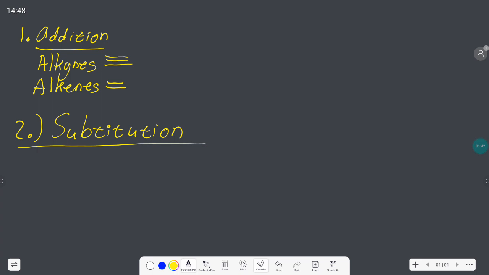Now, these can happen with nearly all other organic molecules. So, addition reactions only happen between these two, but substitution can happen at nearly all others. An example being, I can take an alkane to an alcohol with certain conditions. And we will be discussing those conditions as well.